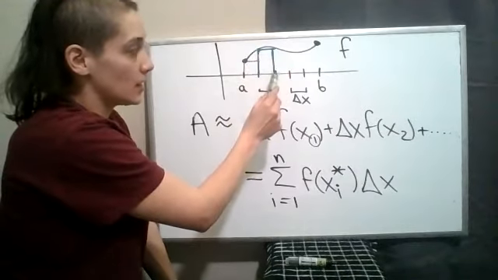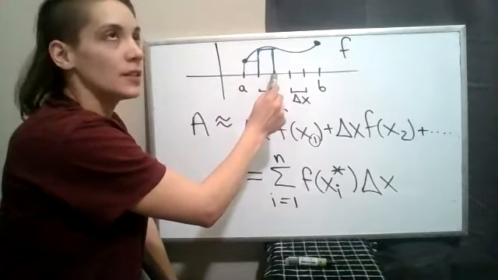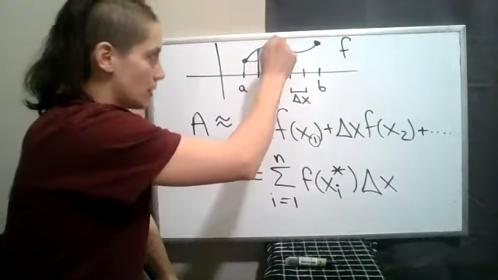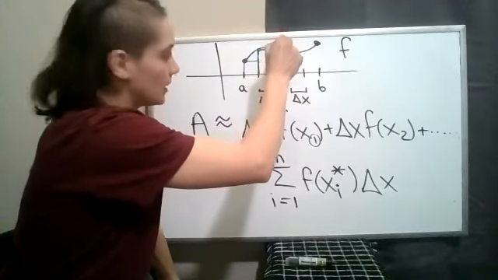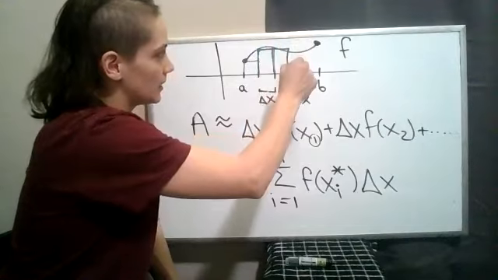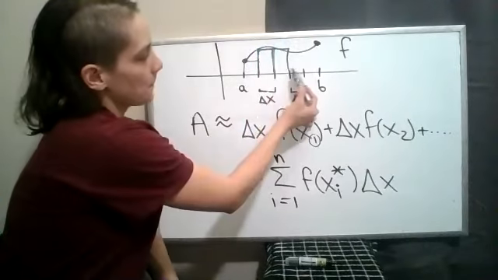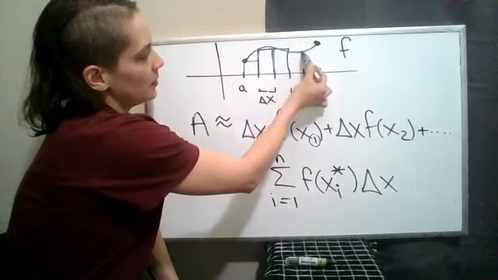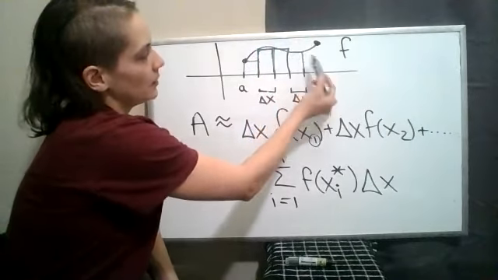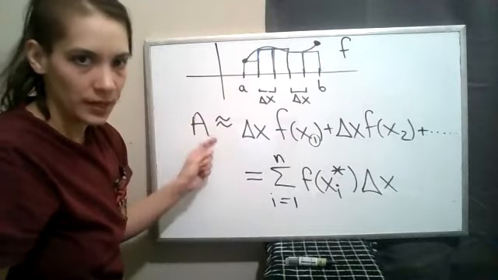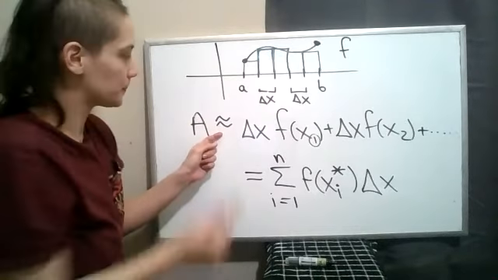Again, starting on this side, touch the function, create a rectangle with that height and width delta x. This side reaches the function, goes over, makes the rectangle. So this rectangle is a little short of your function, which is why we're going to call it an approximate area.